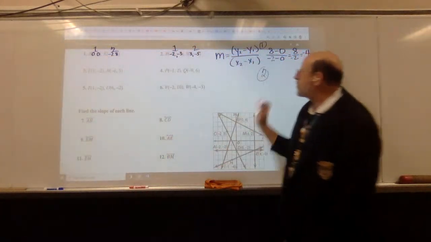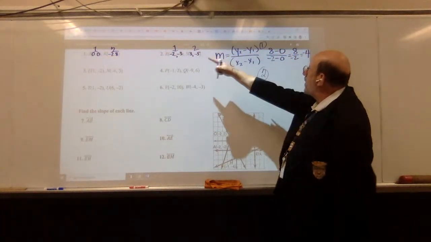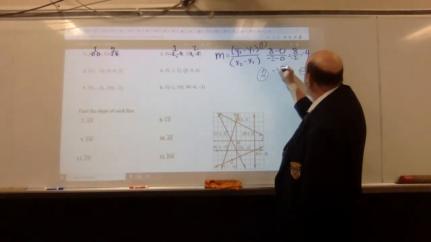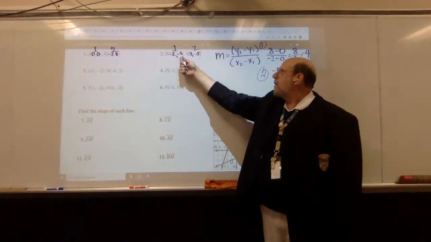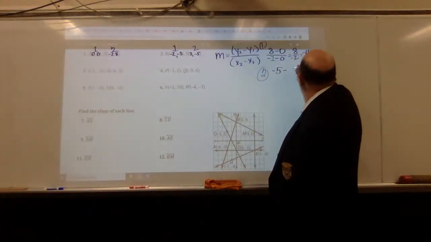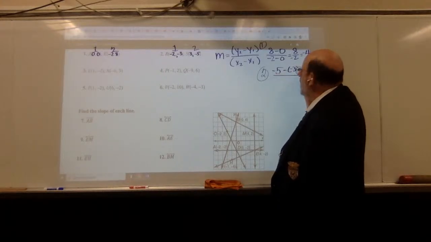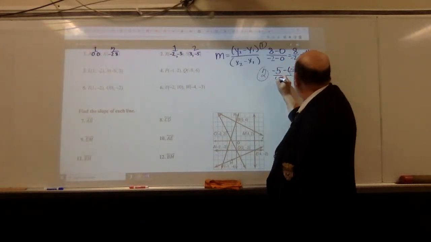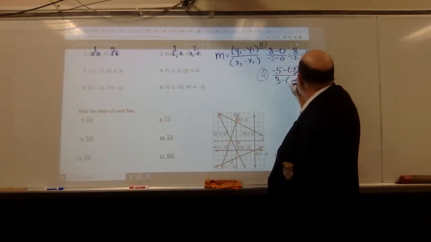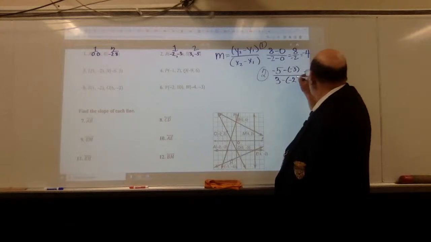Okay, so we'll start putting this stuff in. y2 is -5, right? That's the y in the second pair. And y1 is -3, so -5 minus -3, all over the x in the first one.